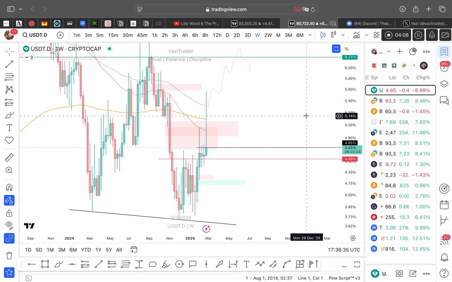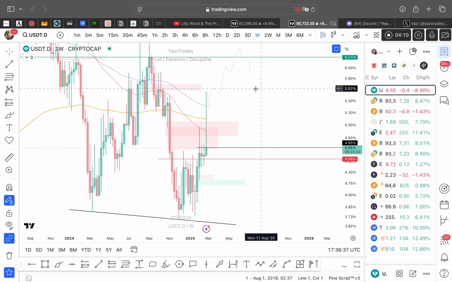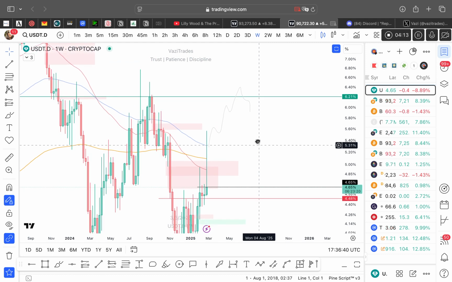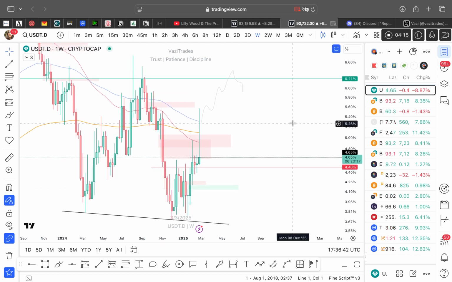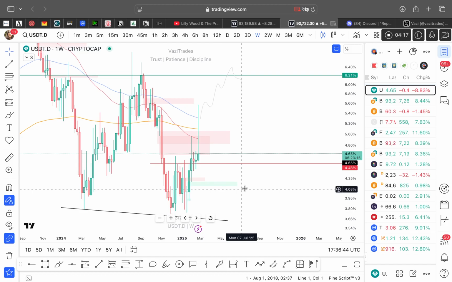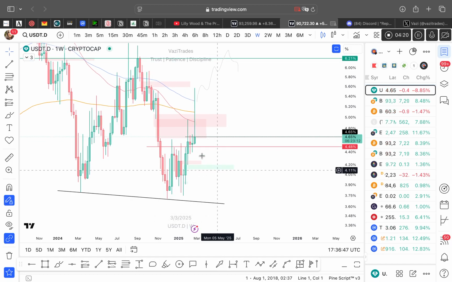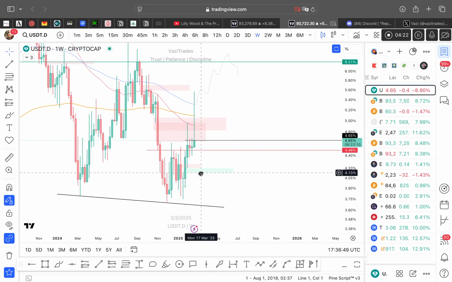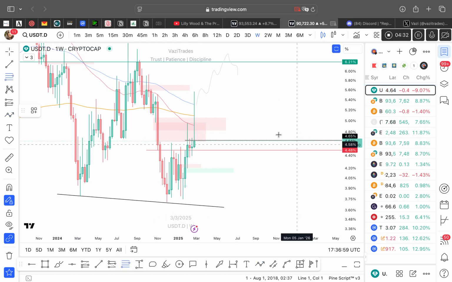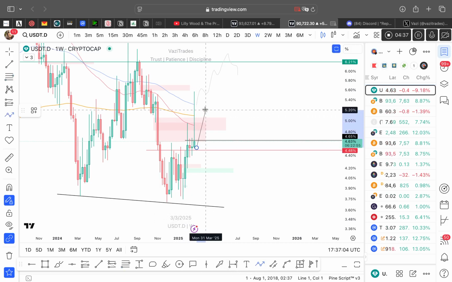Since our weekly time frame starts tomorrow, we have this crazy week, and we have here an FVG, so it is possible that either the USD dominance will open with some pump to fill this.